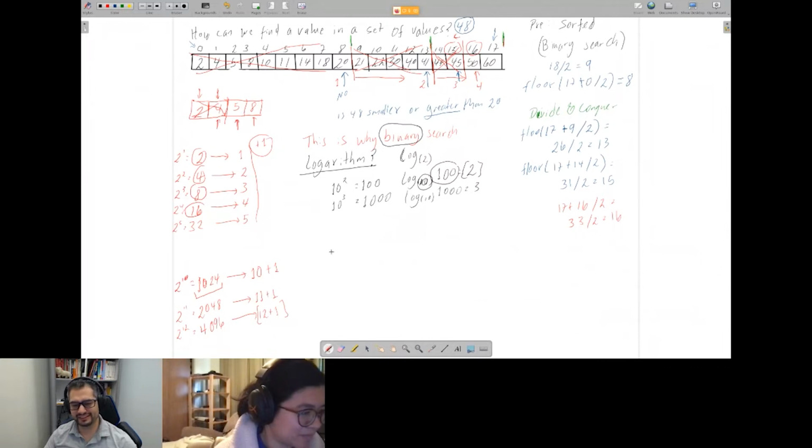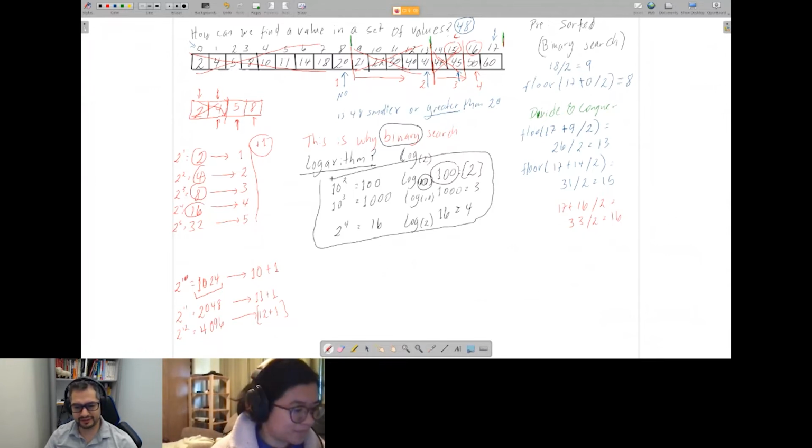We just have to increase it once. In this case, if we have 2 to the power of 4, we know that it's 16. Then logarithm of base 2 of 16 is 4, right? Anyway, that is what the logarithm is.